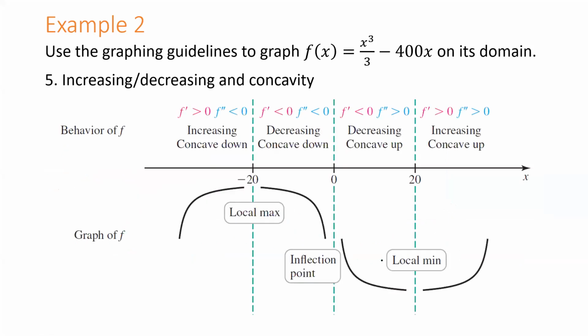Here is the little picture that we just drew. So again, we see negative 20 will be our local max, an inflection point at 0, and then a local min at positive 20.